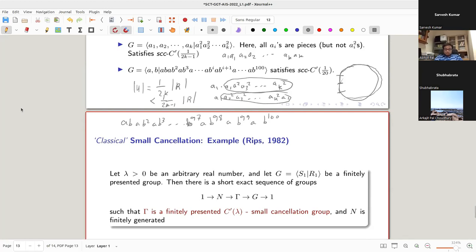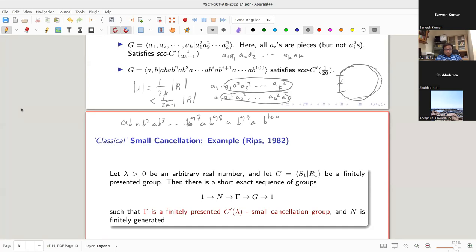Having said that, can you figure out what the largest piece in this situation will be? Some subword which has at least two different appearances. I can get two at least here, AB, if I move AB to the last, right? But can you find larger pieces? That's what I asked. I can bring b to the power 100 in the front, right? You can, but do you have a second appearance of b to the 100?